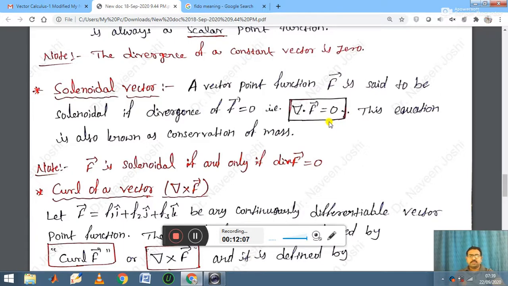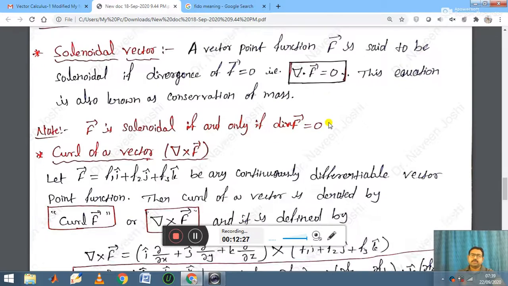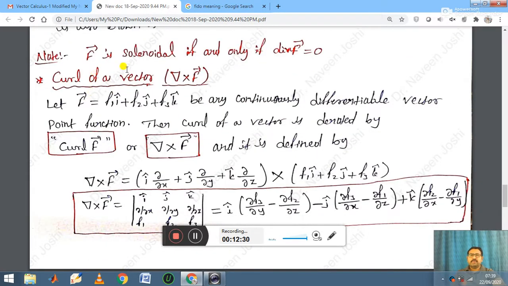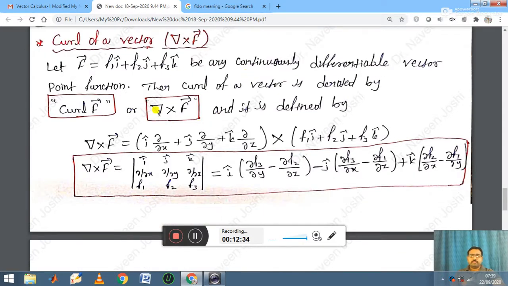Just remember the definition of divergence: del dot f equals dou f1 by dou x plus dou f2 by dou y plus dou f3 by dou z. If del dot f equals 0, then it is the definition of solenoidal. Then note: f bar is solenoidal if and only if the divergence of f equals 0.